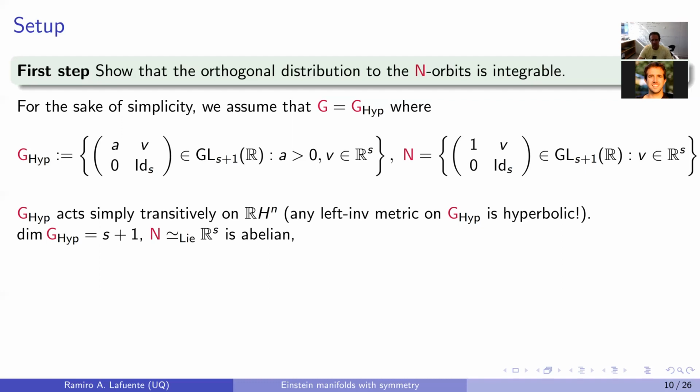And another observation is that N is isomorphic as a Lie group to R to the S, namely N is an abelian Lie group. So one can write this algebraically by saying that G hyperbolic is a semi-direct product of the positive real numbers times an abelian normal group of codimension 1.